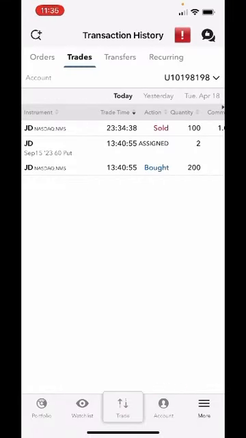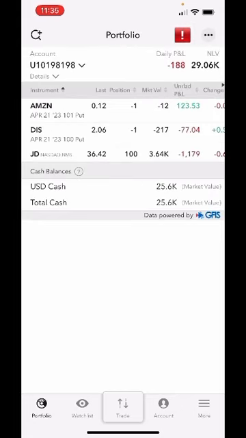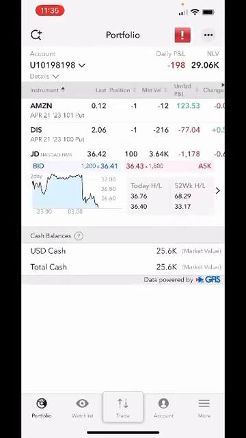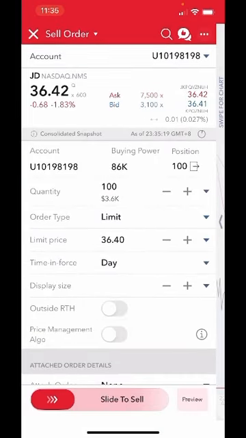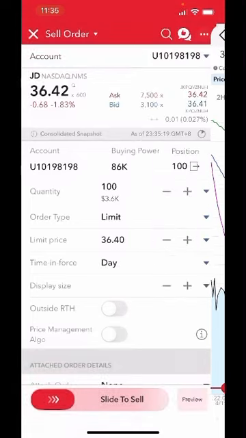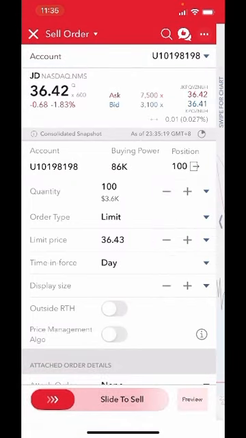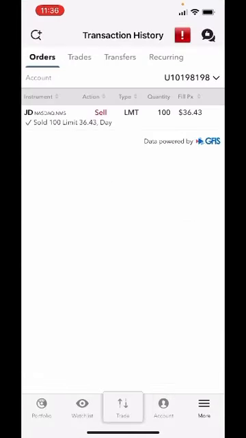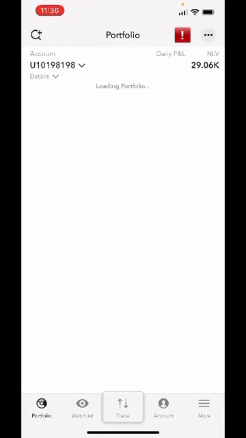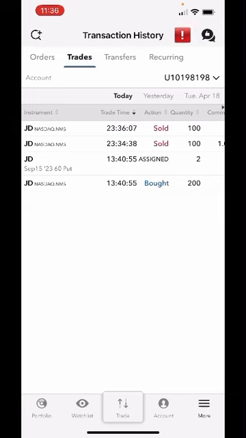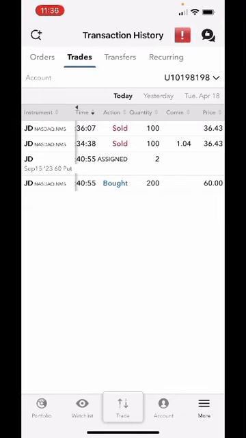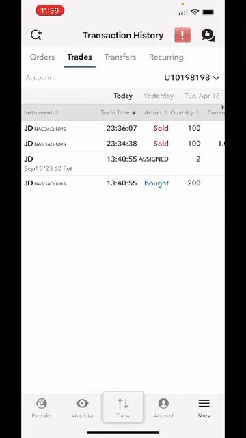I've only sold 100 shares, so I'm going to sell another 100 shares. Let's go with the same 36.43 price. Alright, sold the other 100 shares at the same price, 36.43. So the shares have been cleared. Right, as you can see, 36.43, 200 shares.